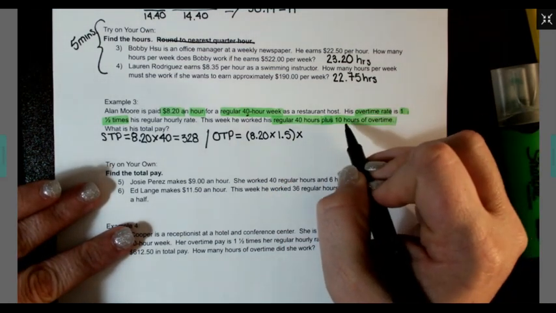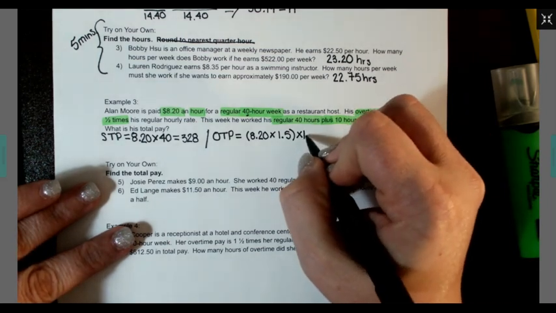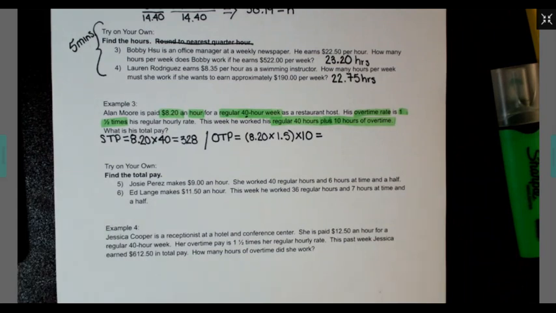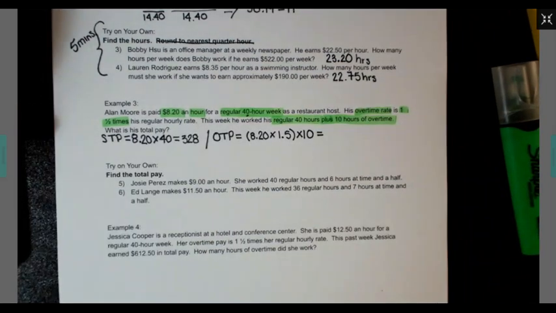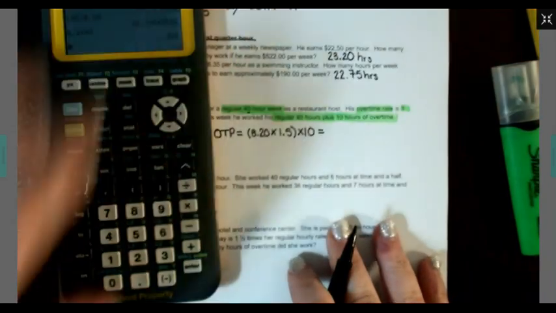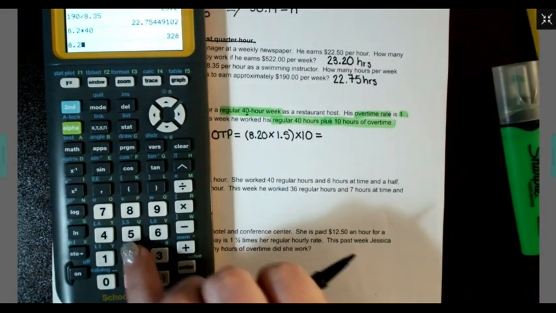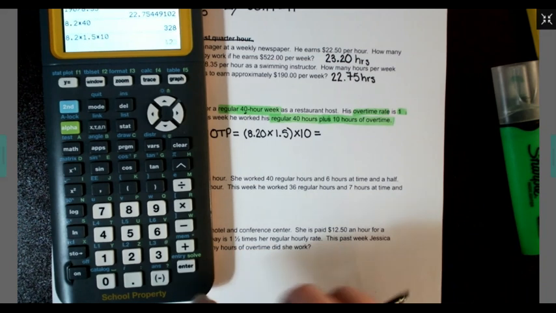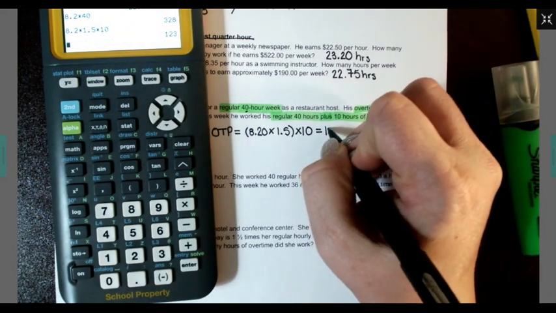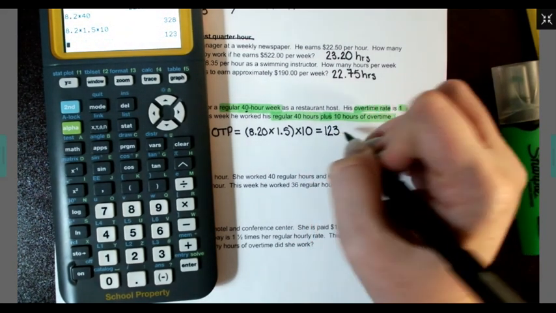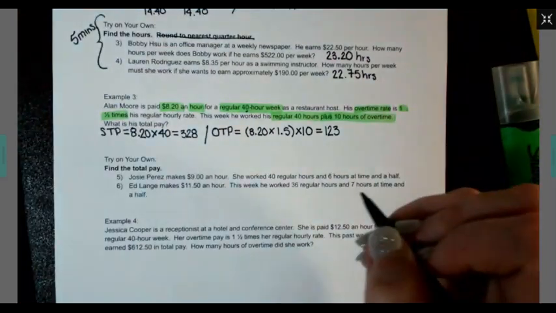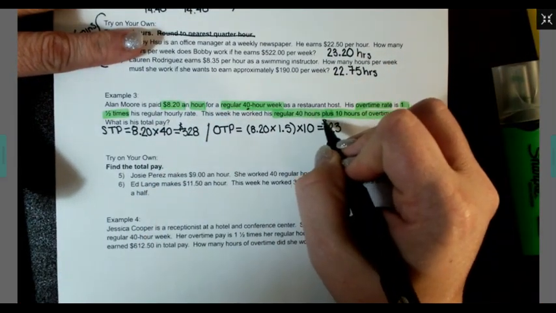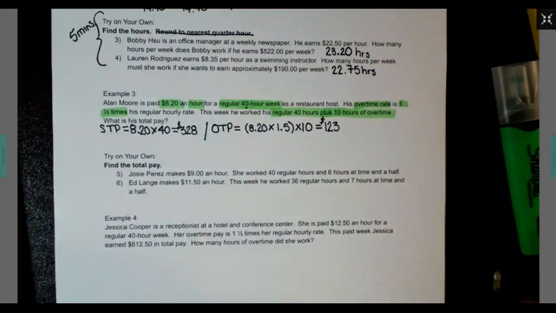It says we worked 10 hours of overtime, so we would multiply by 10. I'm going to do this all in one swoop, not equal and then multiply again. So we got $8.20 times 1.5 times 10, which is $123 in overtime pay. I should have put a dollar sign there and a dollar sign here. Sorry.